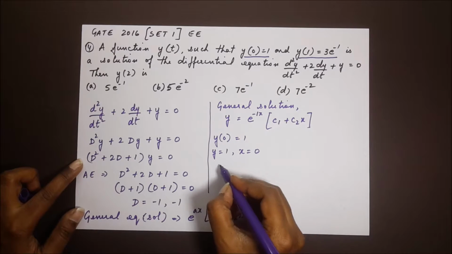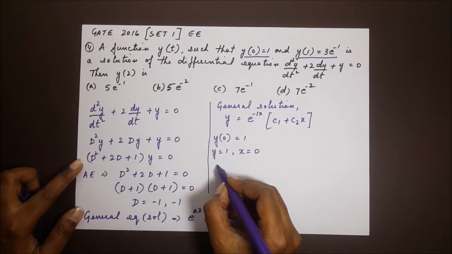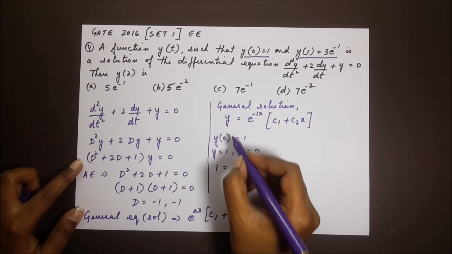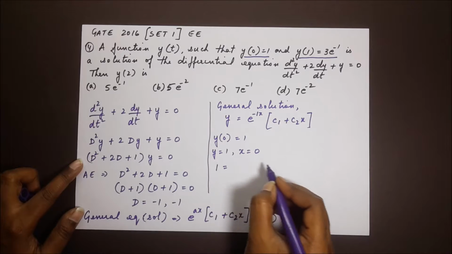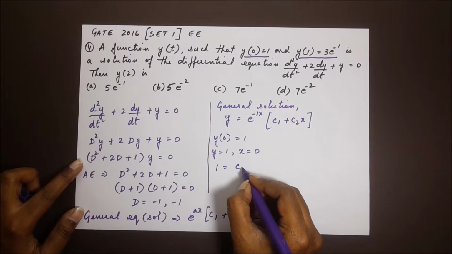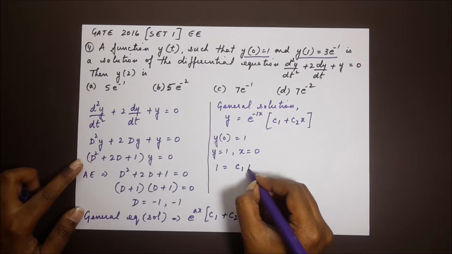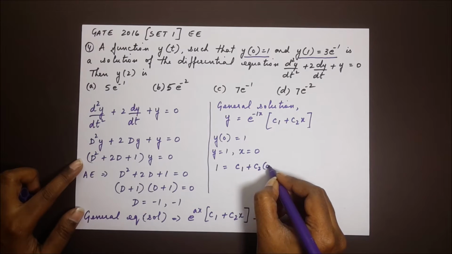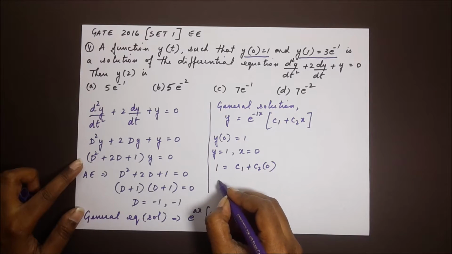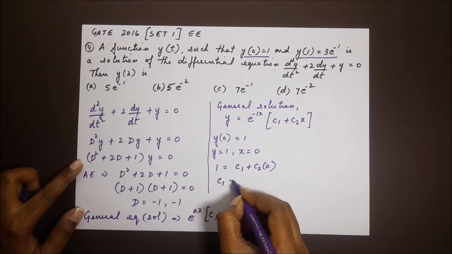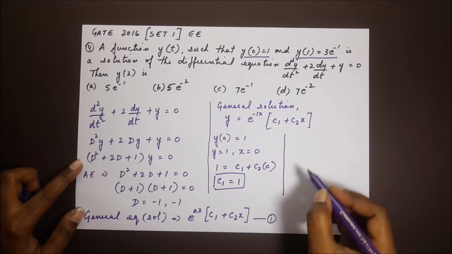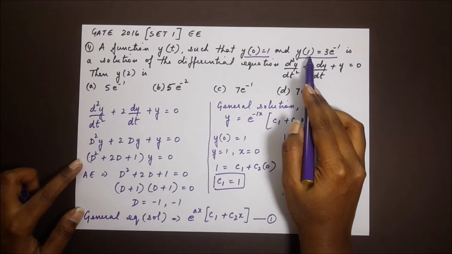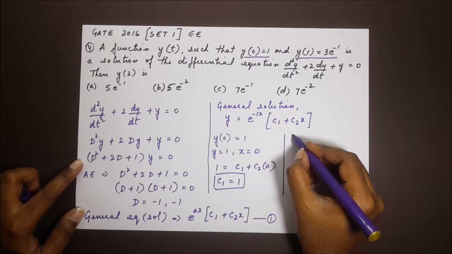That would be 1 is equal to e power minus 1 times 0, which is e power 0, which is again 1, and we get c1 plus c2 times 0. So here we directly get c1 equals 1.